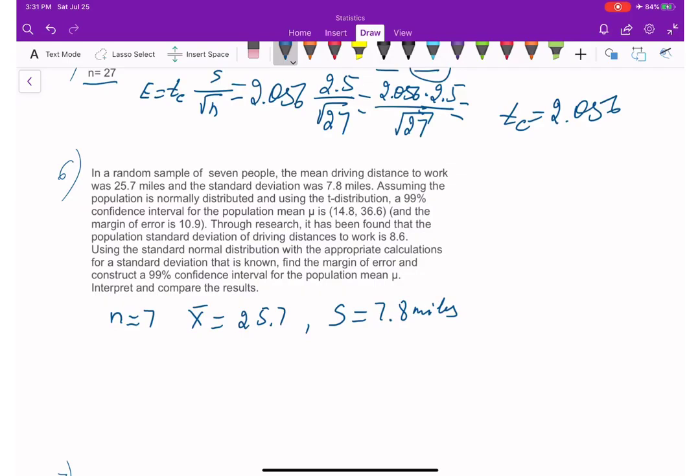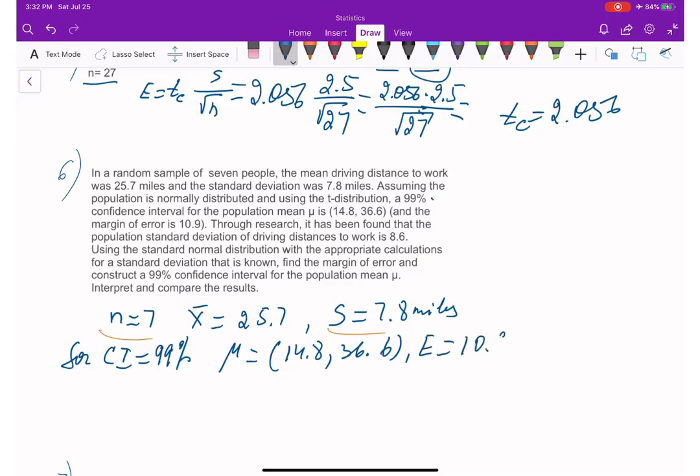Assuming the population is normally distributed, using the t-score table, and not surprisingly, because we are given s and sample size is less than 30, the 99% confidence interval for the population mean mu is going to be in the interval 14.8 to 36.6, and the margin of error is 10.9.